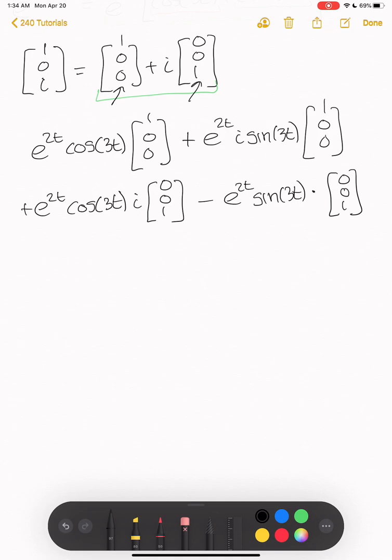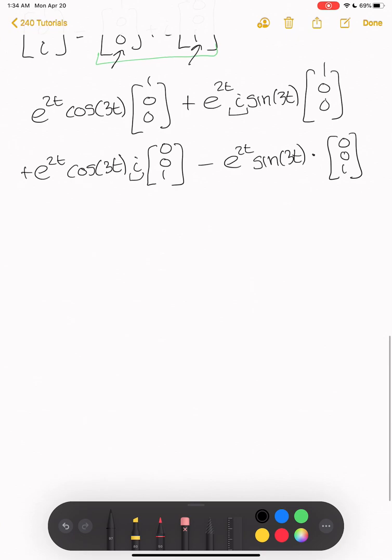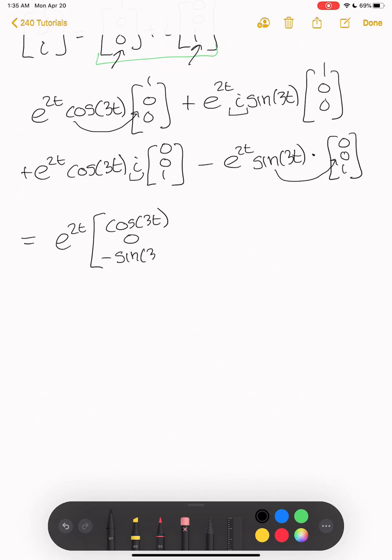And what I can do now is group my terms that have an i in them, so my imaginary valued terms together, and I can group my real valued terms together. So this is equal to e to the 2t. I'm going to go ahead and move the cosines and the sines inside of their respective vectors here. So this will become cosine of 3t, and then if I subtract off of that minus sine of 3t from down here, because these are my real valued solutions.